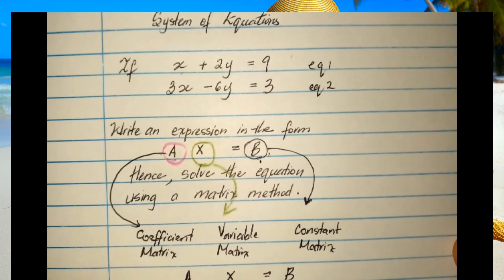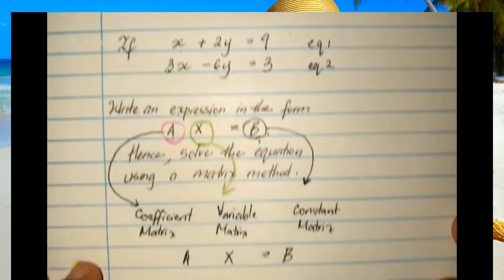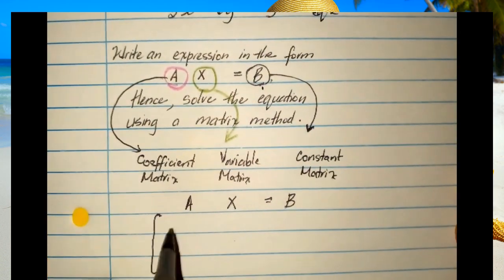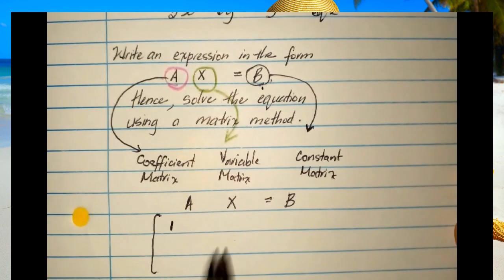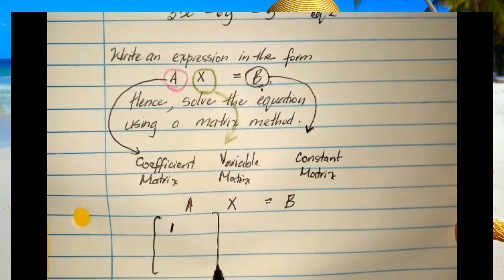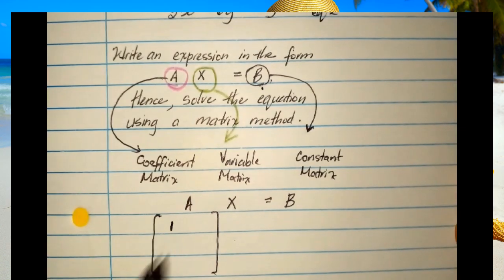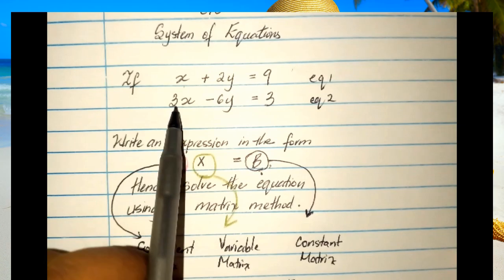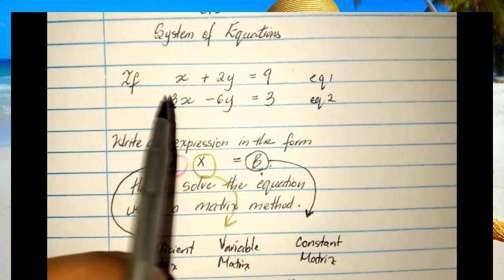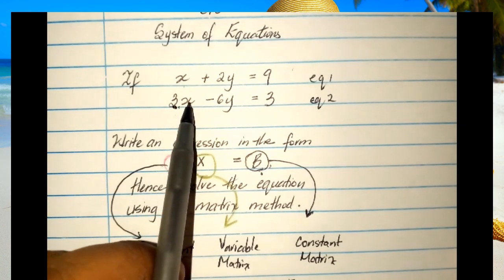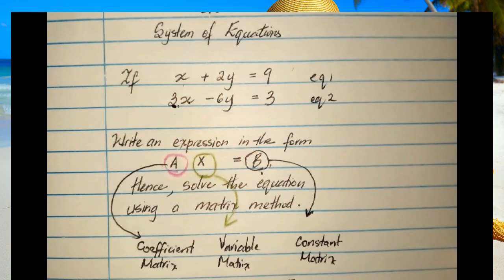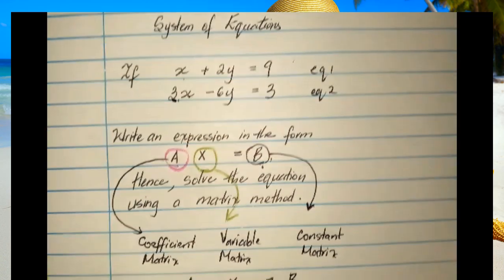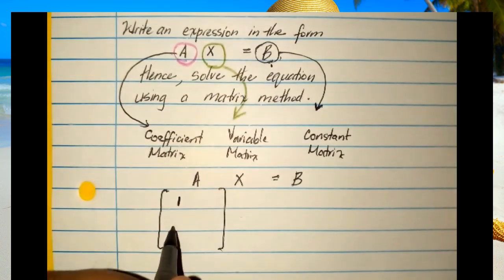So the first element that I'm going to write is 1. This is going to be my coefficient matrix, and the first element in it is 1. The 3 is the coefficient on this X. Like how the 1 was on top, I'm going to write the 3 below the 1.